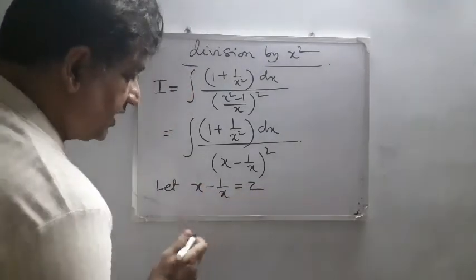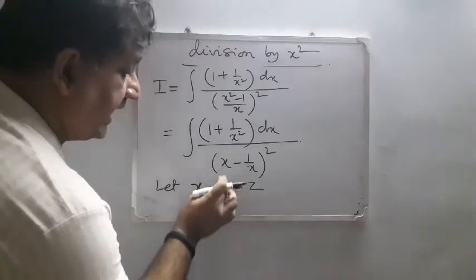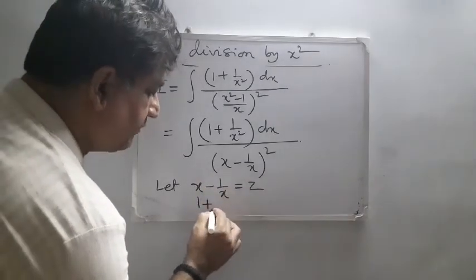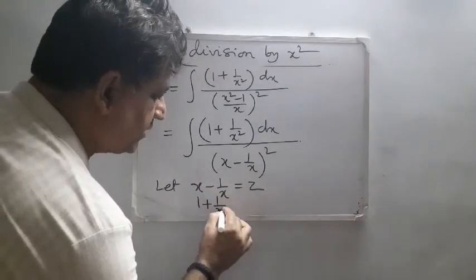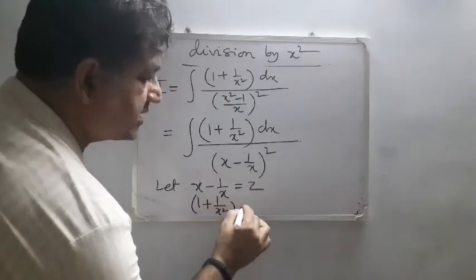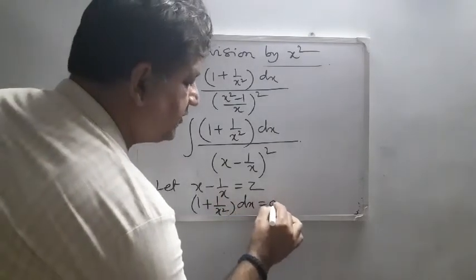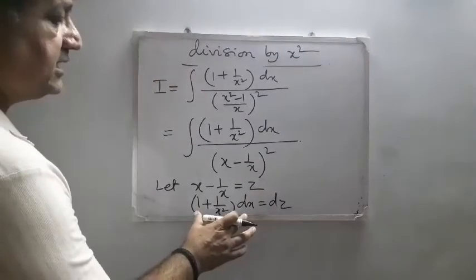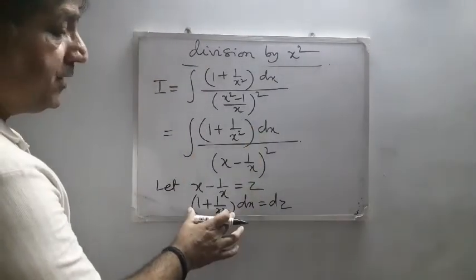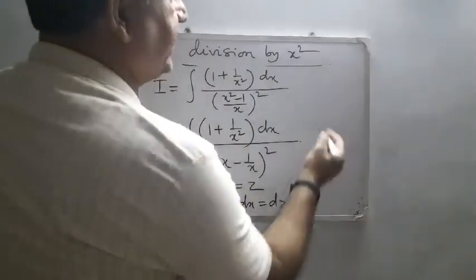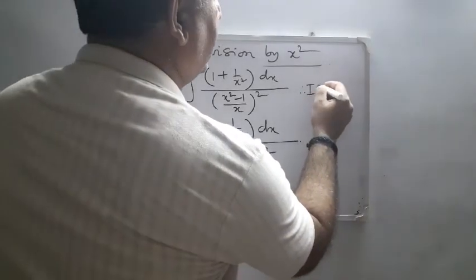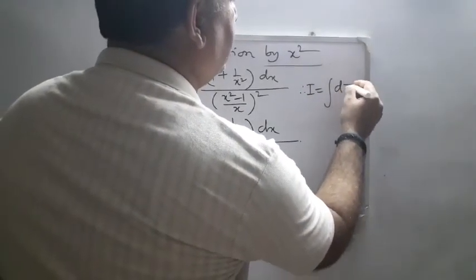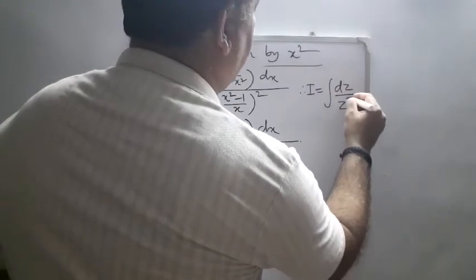If you differentiate, the differentiation of x is 1 and of minus 1 by x is 1 by x square. So it becomes 1 plus 1 by x square dx is equal to dz. So you observe that this numerator directly appears and the denominator equals z square. Therefore I is equal to integral dz by z square.